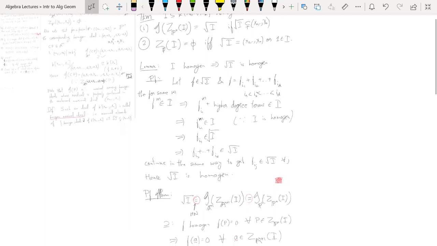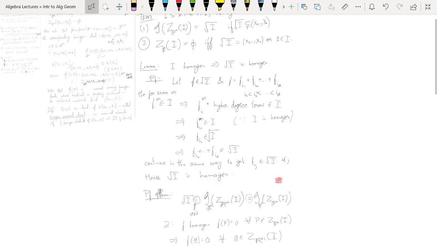So that tells you that if the zero set of I in the projective set is empty, then the zero set of I in A^(n+1) has to be either the origin or the empty set.